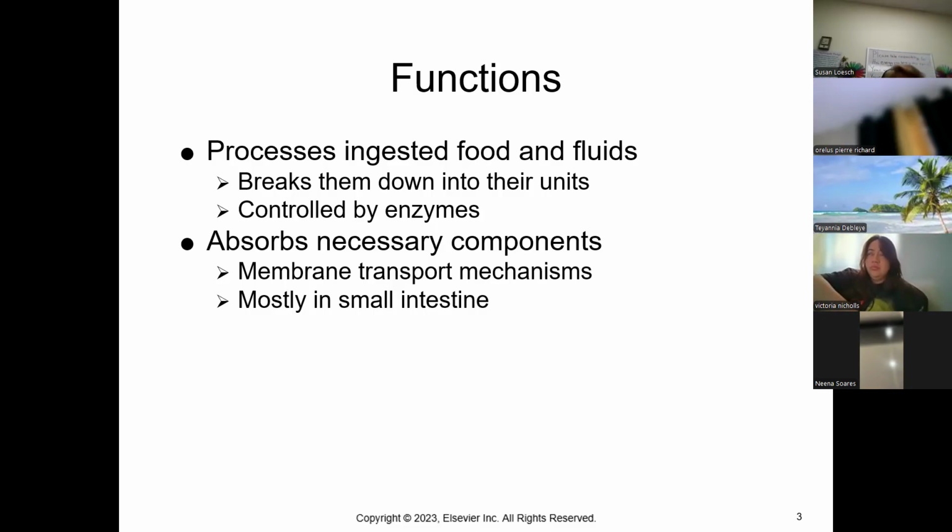Your duodenum is the first part of your small intestines. It will get food from the stomach. The food enters the duodenum through the pyloric sphincter, and it enters in small amounts. So the sphincter allows that to happen. And by entering in small amounts, the small intestines can then digest it. Your small intestines is your main area for absorption, and you have to know that.